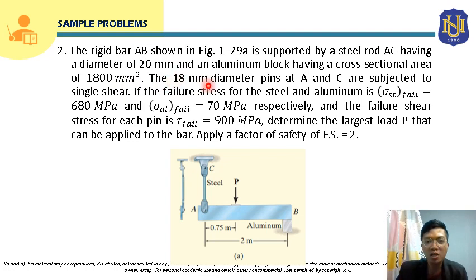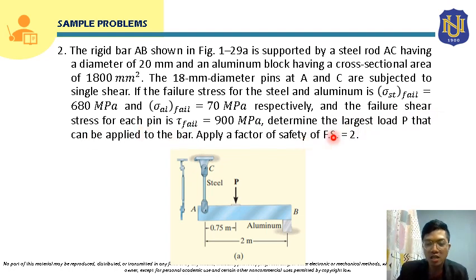The 18 millimeter diameter pins at A and C are subjected to single shear. If the failure stress for the steel and aluminum is equal to 600 MPa and 70 MPa respectively, and the failure shear stress for each pin is 900 megapascal, determine the largest load P that can be applied to the bar.